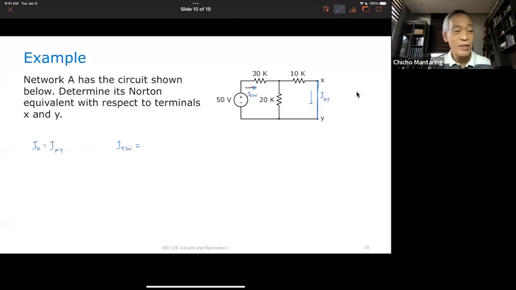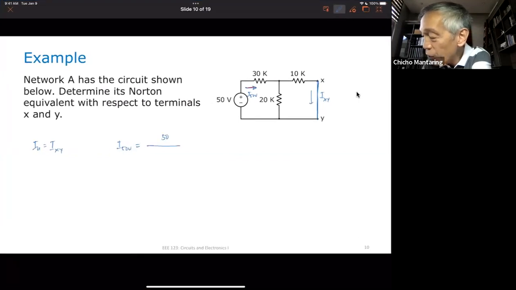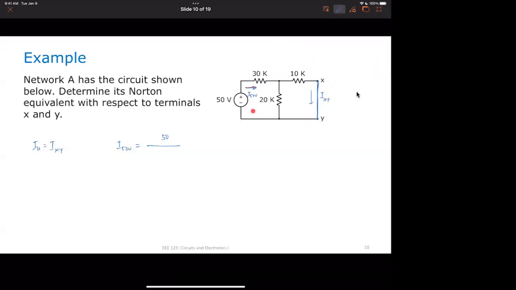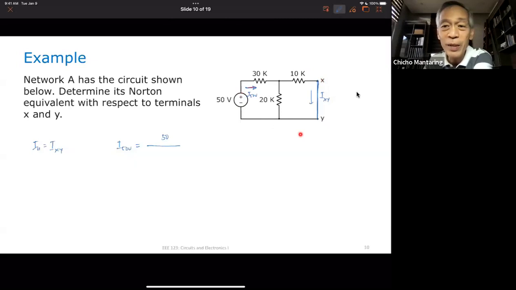Yes, that's right. Who answered 1.36? Okay. I 50 volts is going to be 50 divided by this total resistance. Sir, I got the same answer as well. Okay. Yeah, it's going to be divided by this total resistance, because that is the resistance that the 50 volts sees.